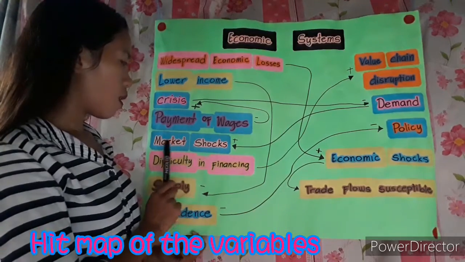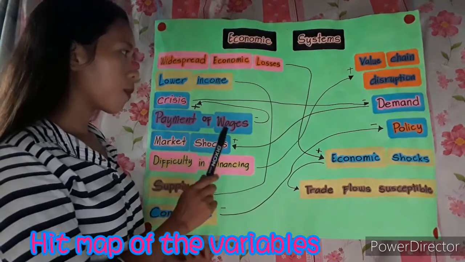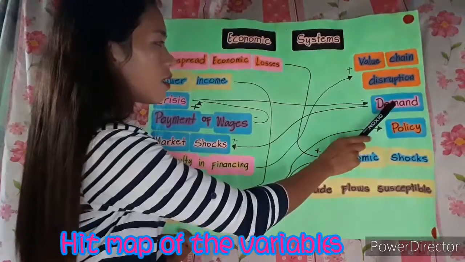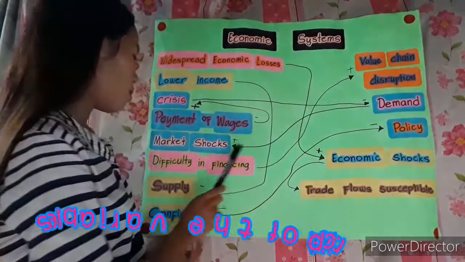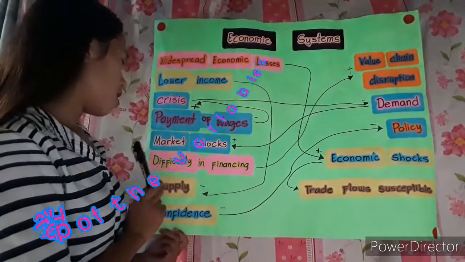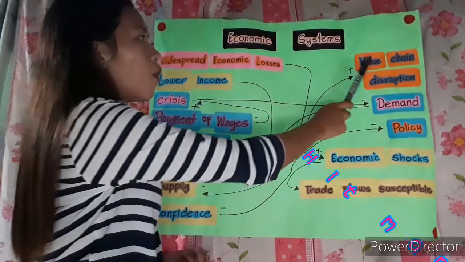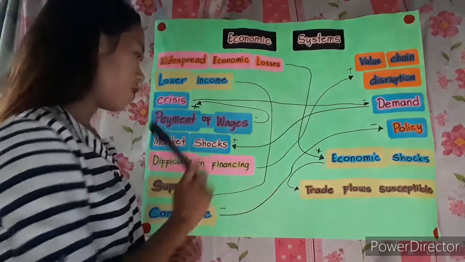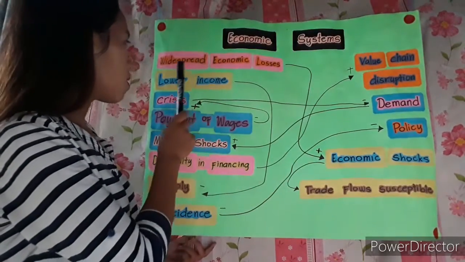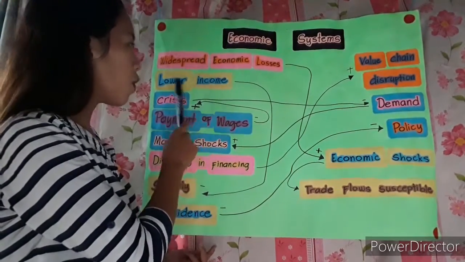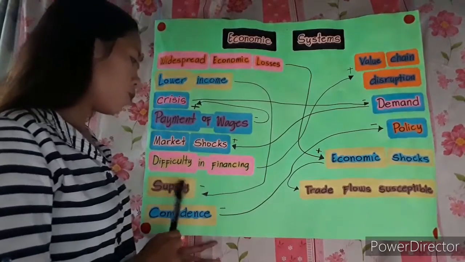Market shocks: less demand, more market shocks. More difficulty in financing, more value chain disruption. And next is lower income: more lower income, less supply.